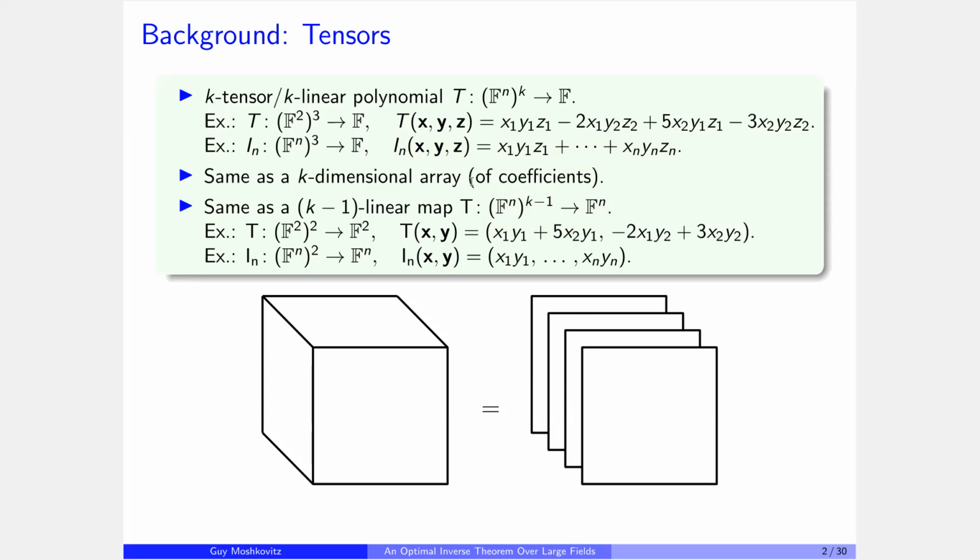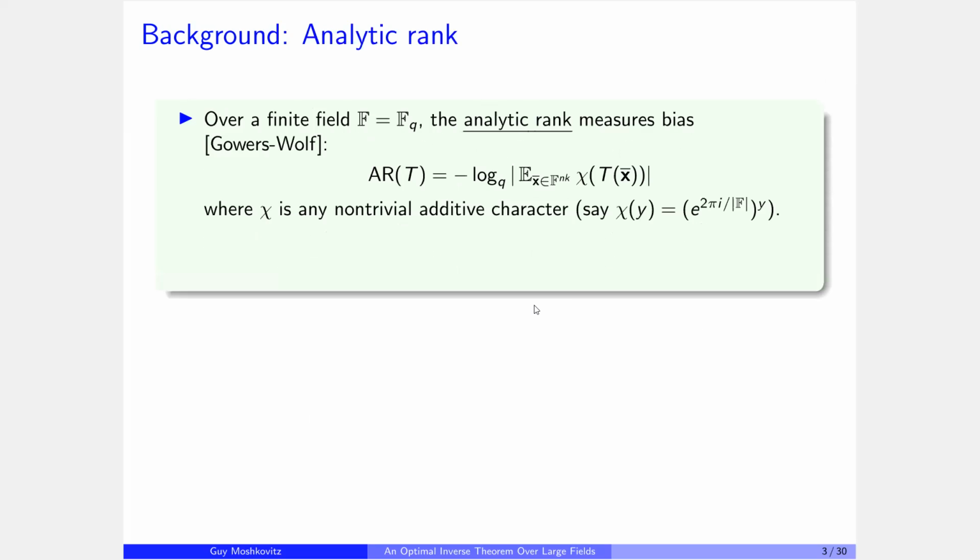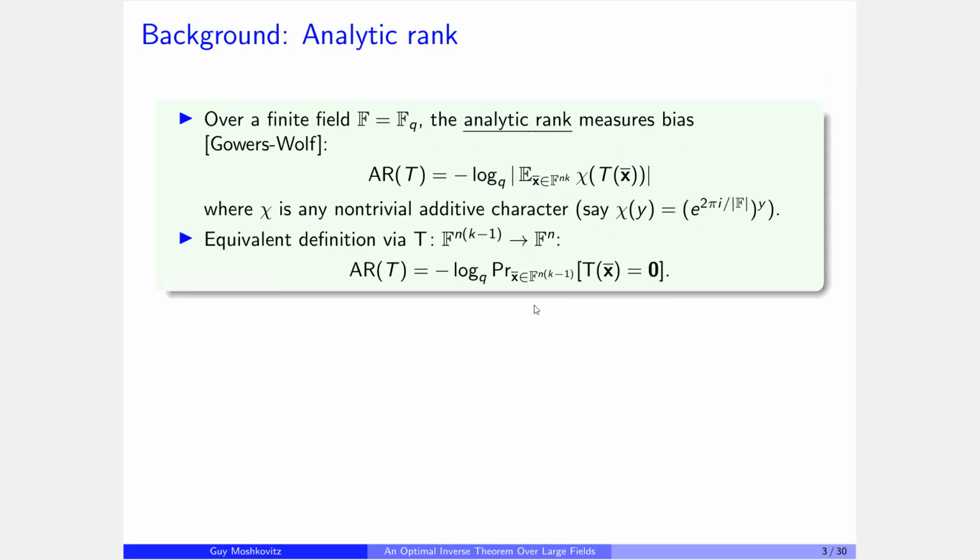Visually, as an array of numbers, it's a 3-dimensional array of all zeros except ones on the diagonal. And as a bilinear map, it looks like this: x1 y1 is the first component, x2 y2 is the second component, and so forth.